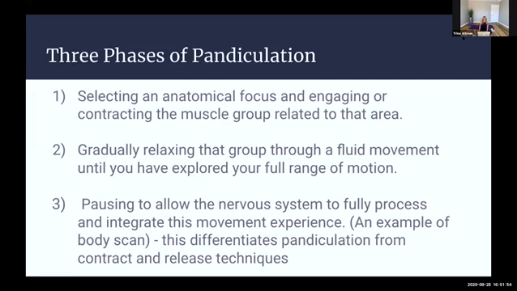The second phase is gradually relaxing that group through a fluid movement until you have explored your full range of motion. So first you contract the muscle group related to that area. Then you gradually relax that muscle group. And then you pause. So the pausing allows the nervous system to fully process and integrate that movement experience.